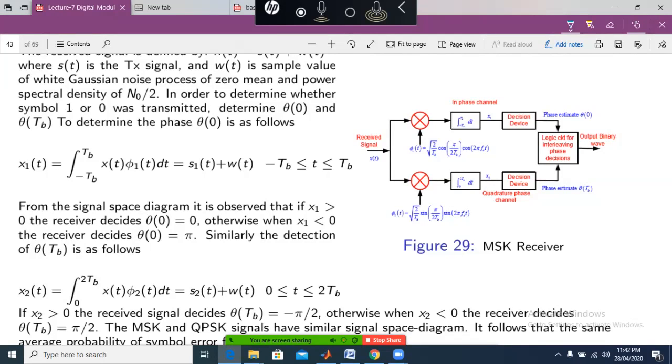Then we have the logic circuit for the phase decision. It will estimate theta of 0, and this will estimate theta of TB. So this is how this demodulator works. This is the structure of the MSK receiver.